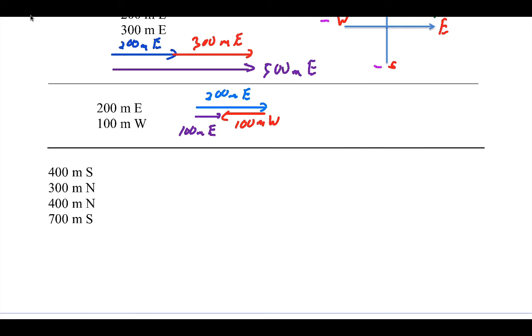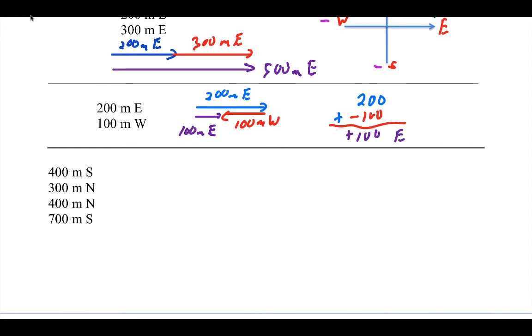Now, sometimes I ask my students, well, what did we do here? And they say, well, we subtracted. No, we didn't. You only add vectors. You never subtract vectors. So what we did here, because 200 was east, it's a positive number, and I added to it 100 west, which is a negative number, giving me a net total of positive 100, which automatically means it's east by my rules.